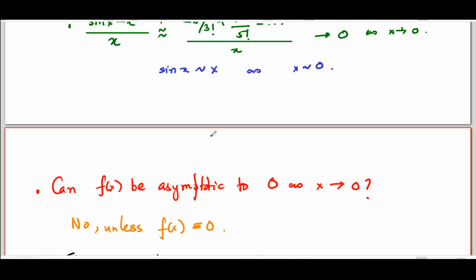So if you leave that one case out, you should never be able to say that some function is asymptotic to 0. You can compare two functions and say whether they are asymptotic to each other, but not if one of these functions is identically 0. So that's just a warning. And sometimes we have to be careful about this when we do various manipulations involving asymptotic functions.